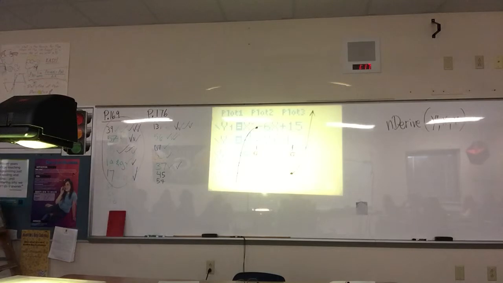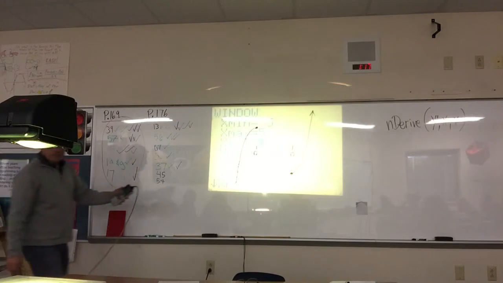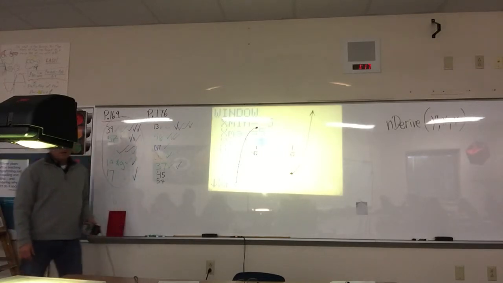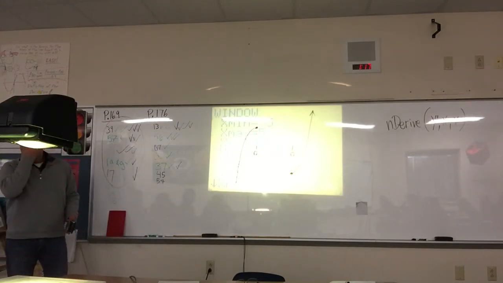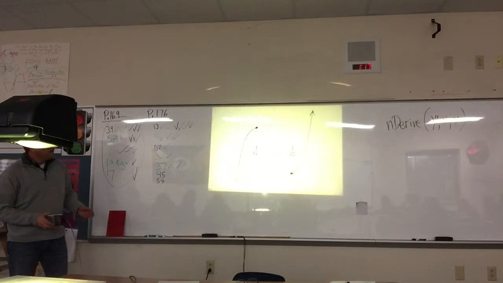Now we have to change our window on our x's. This has to go back to -5 to 5. Thank you to Lindsay for catching that one. And we'll graph it. Oops.